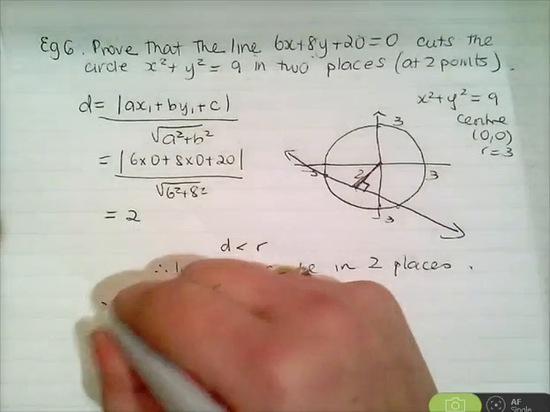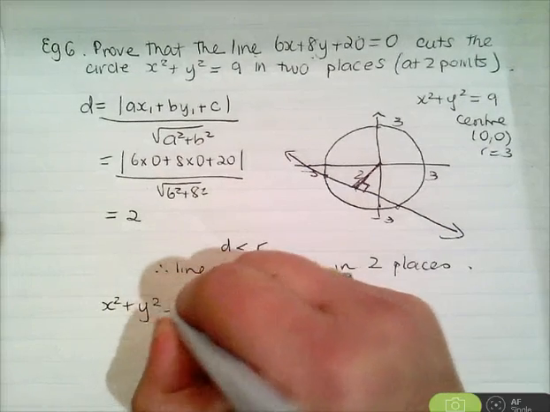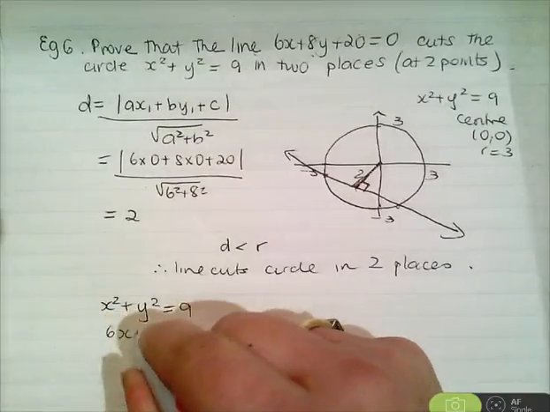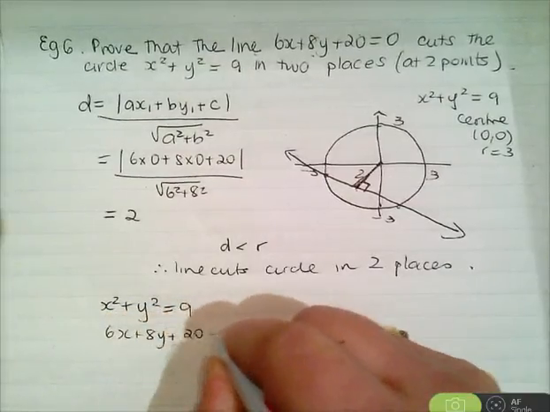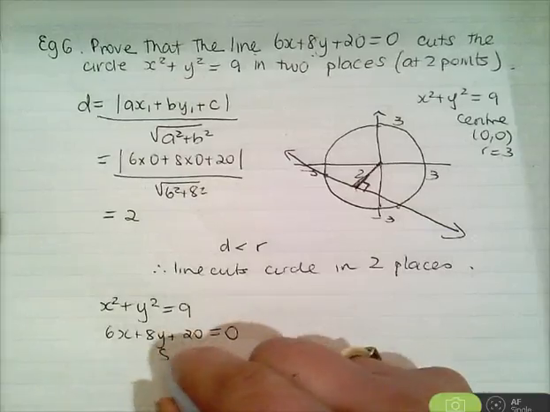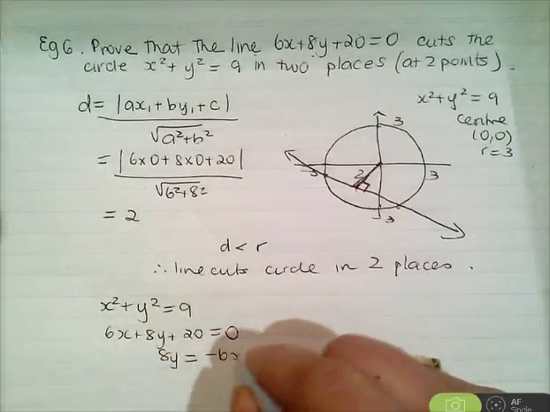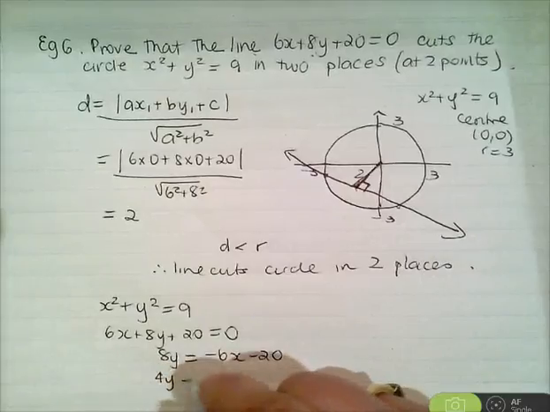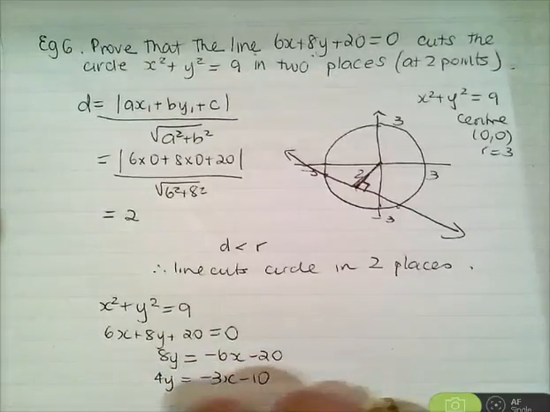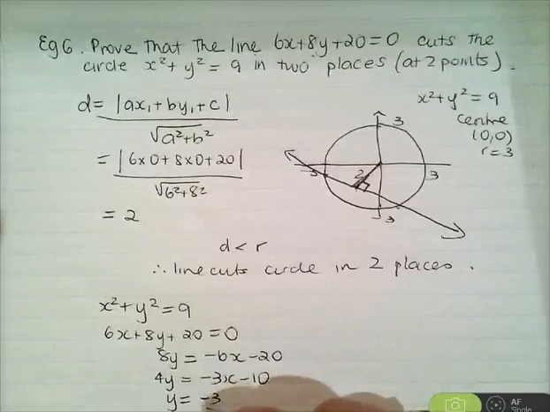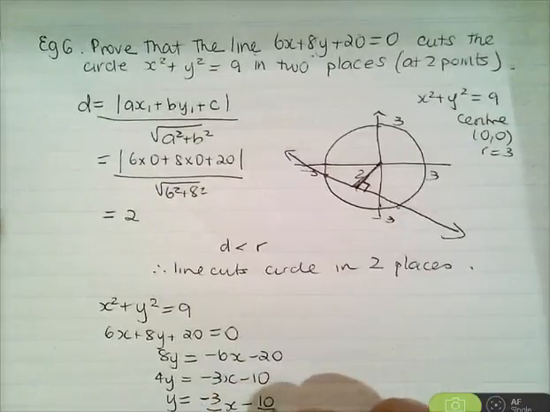I mean, we can have a go at it now. If I've got x squared plus y squared equals 9, and I've got 6x plus 8y plus 20 equals 0, I'd have to make y the subject of the formula, so I get that 8y is negative 6x minus 20. You could divide everything by 2 here. 4y is negative 3x minus 10, so now dividing everything by 4, you get y is negative 3/4 x minus 10 on 4.